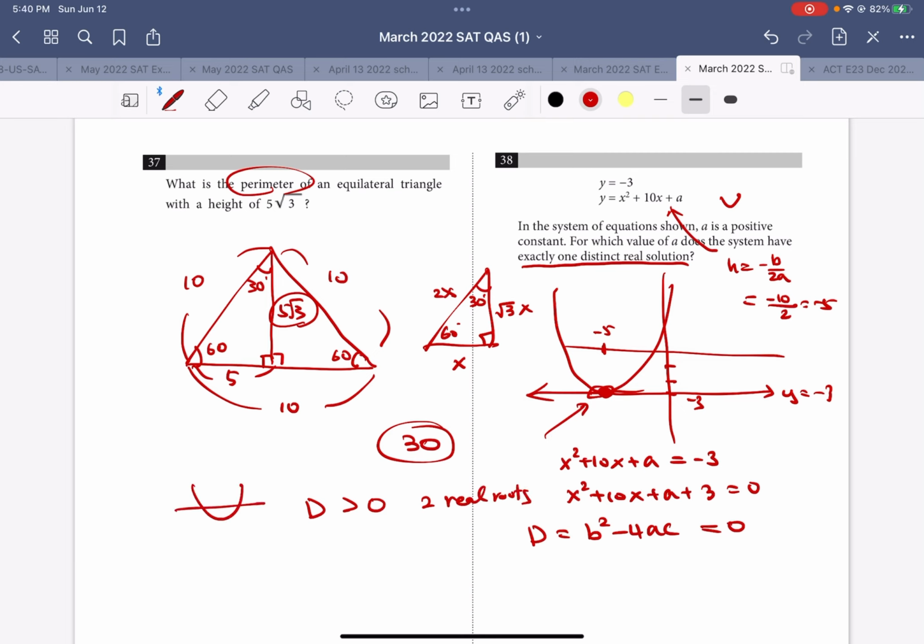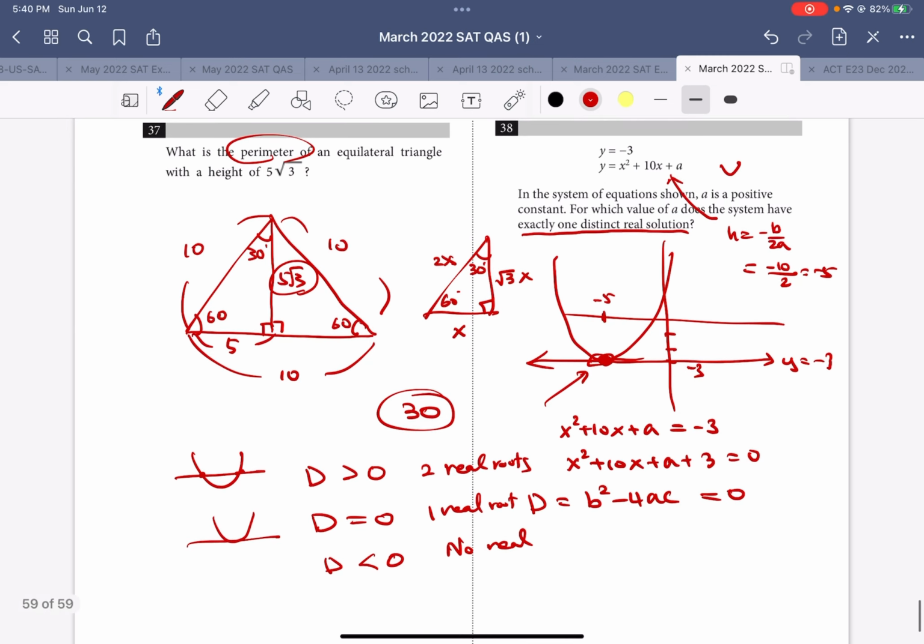The graph touches twice here. If the discriminant equals 0, that means one real root, so it will touch here. And if the discriminant is less than 0, that means no real roots, or you can say 2 imaginary conjugates, then it's not going to touch like that.